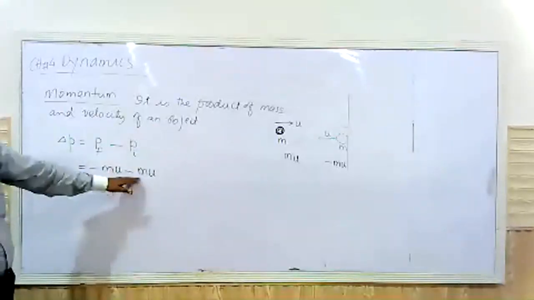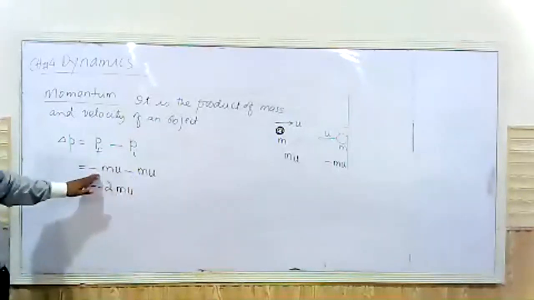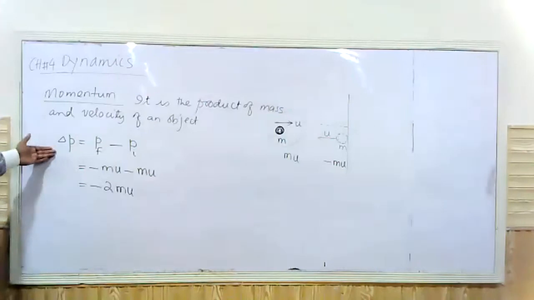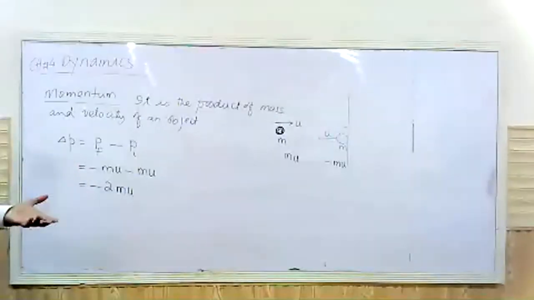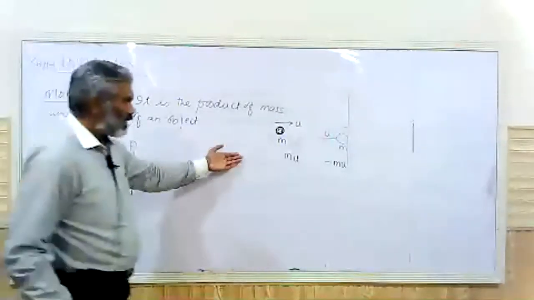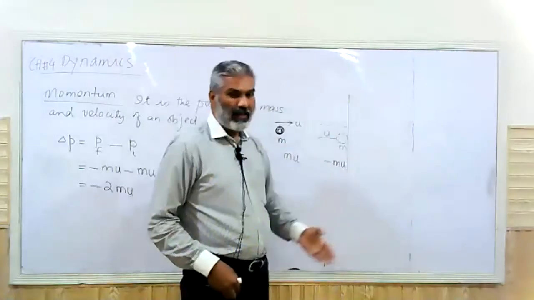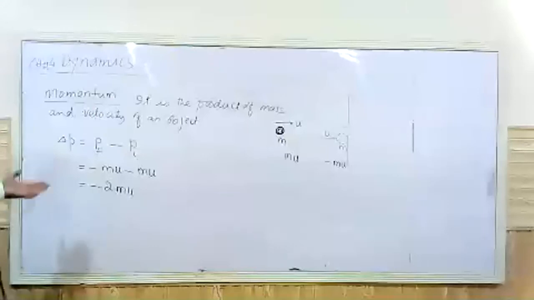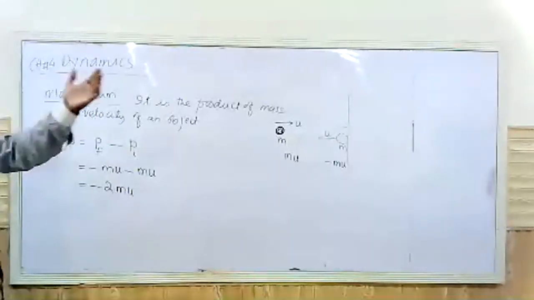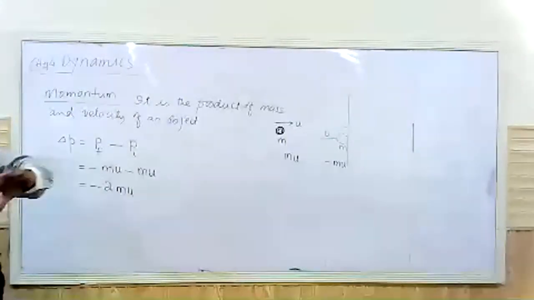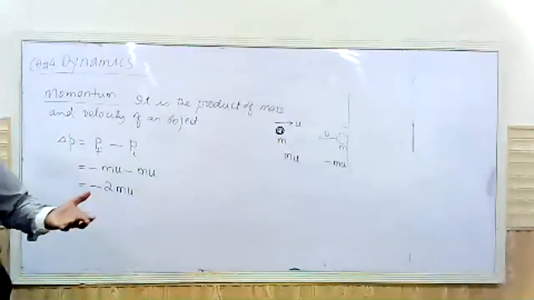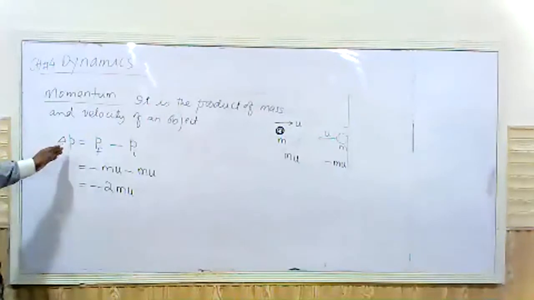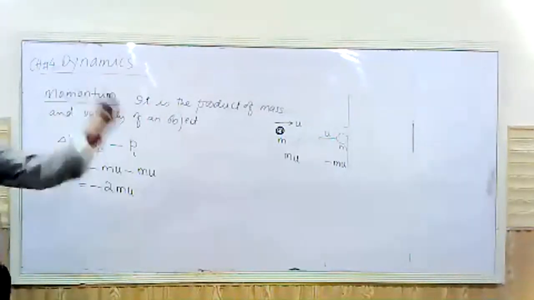So the two become the same sign, so they add up. So the interesting result comes that change in momentum is bigger than initial and final momentum separately calculated. Initial momentum is mu, final momentum is minus mu. So magnitude wise, both have the same values, but change in momentum is twice as big.